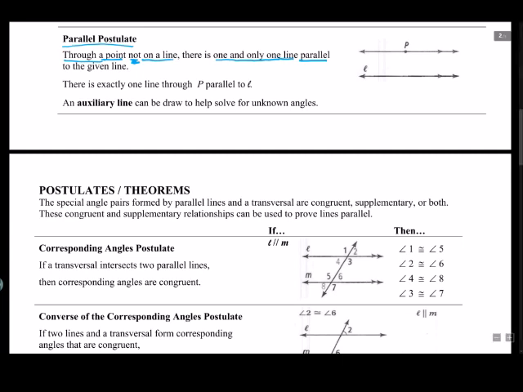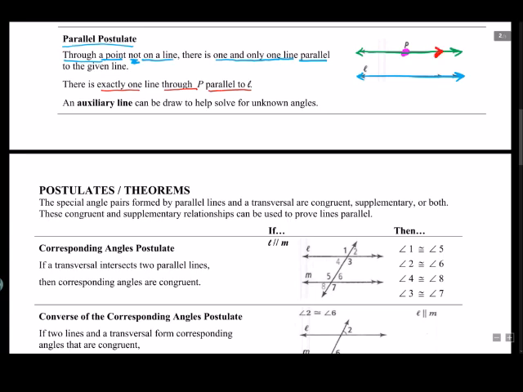So let's say that we are given line L here, and then we choose a point not on our line, so point P, and we are able to draw a line that goes through point P that is parallel to line L. And there is one and only one line, exactly one line through P parallel to L.